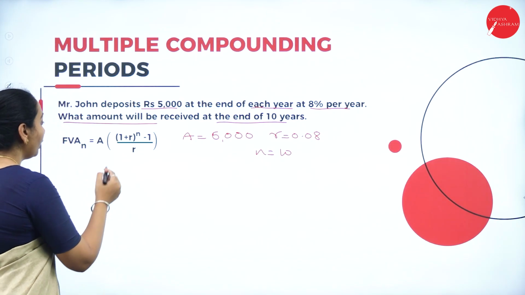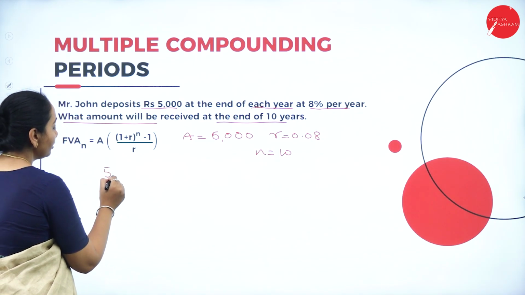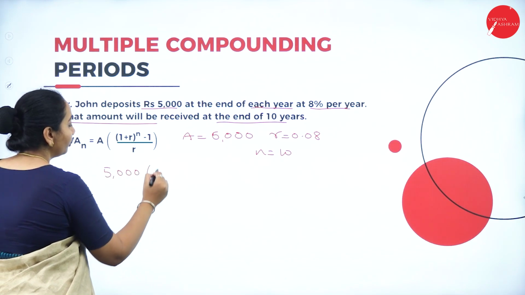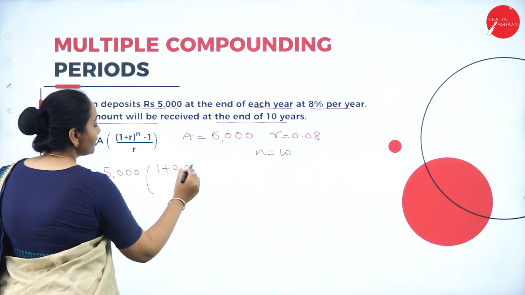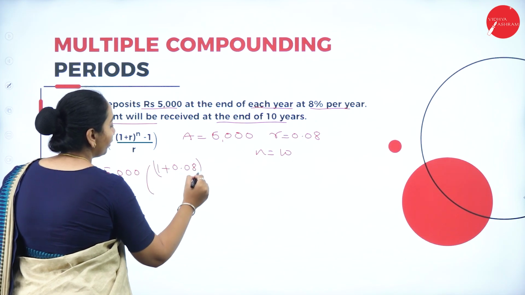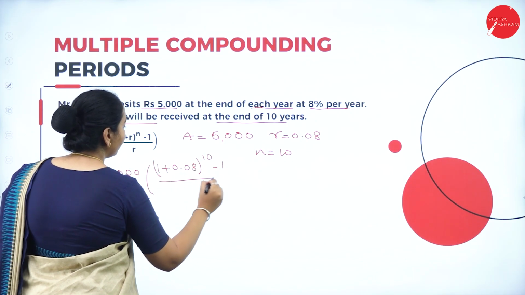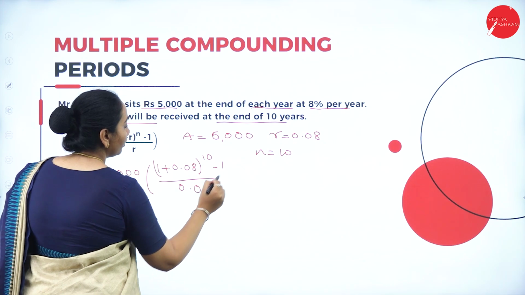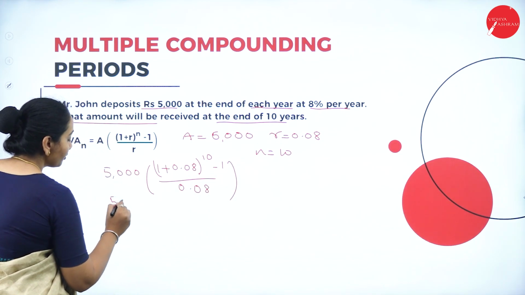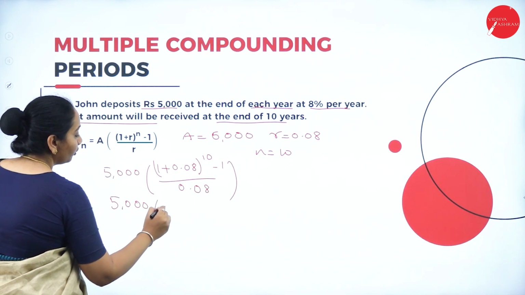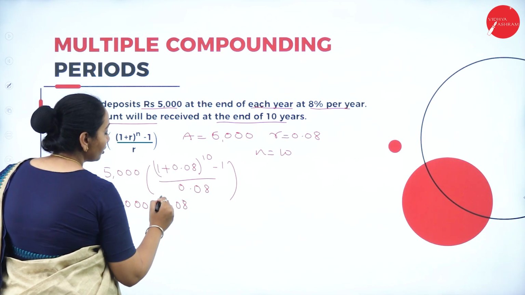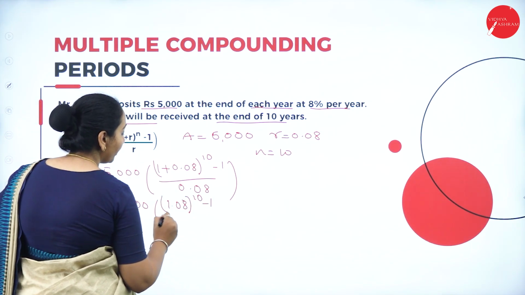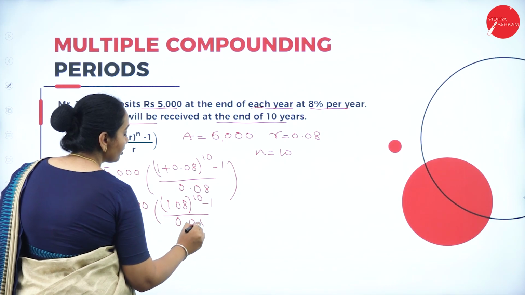So we'll implement here. 5,000 into (1 plus 0.08) to the power of 10 minus 1, divided by 0.08.